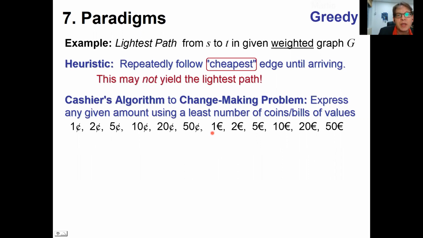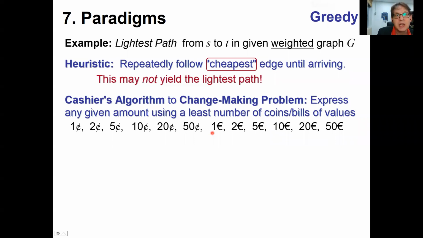But why does this work, and for which choices of coins and bills does that even work? For example, in the United States, there's a 25-cent coin, and in these cases, the cashier's algorithm is not guaranteed to yield the optimal decomposition of the original amount into the least number of coins and bills.